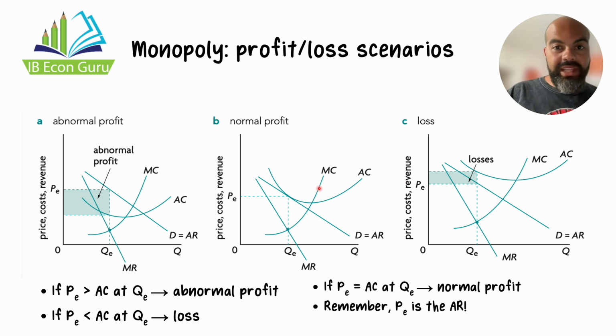Generally, the idea is that monopolists are after a really high abnormal profit, and they build those barriers to entry, or they erect those barriers to entry to prevent competitors from entering the market and taking away from their abnormal profit. Okay, so this is monopoly.